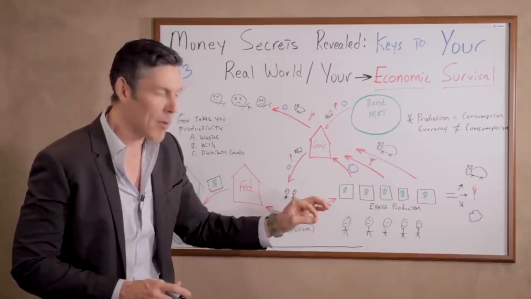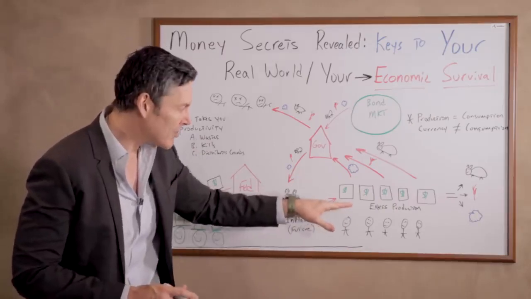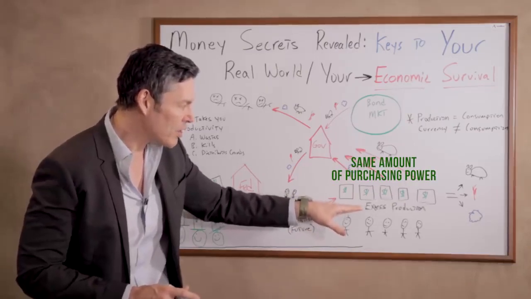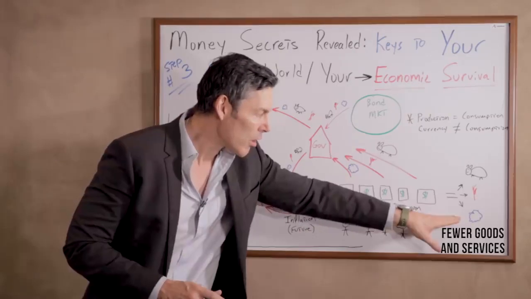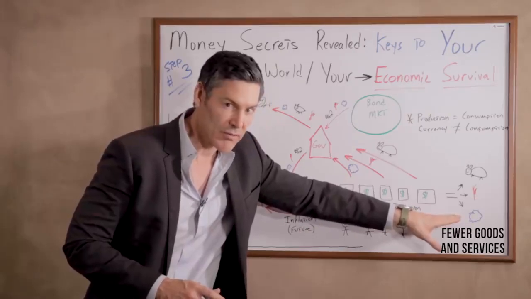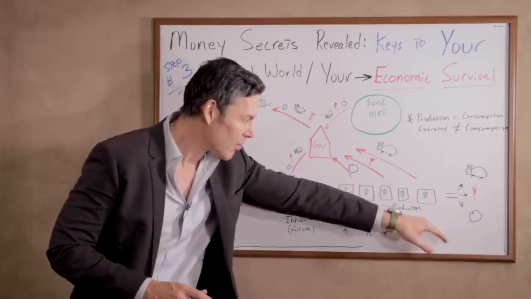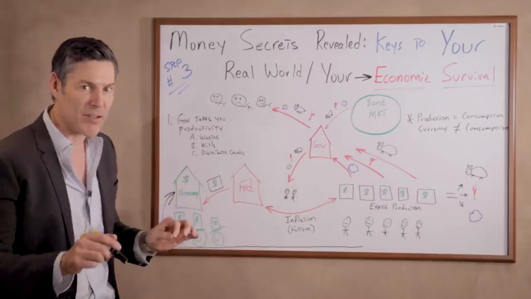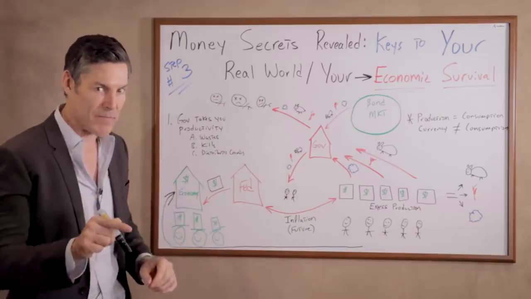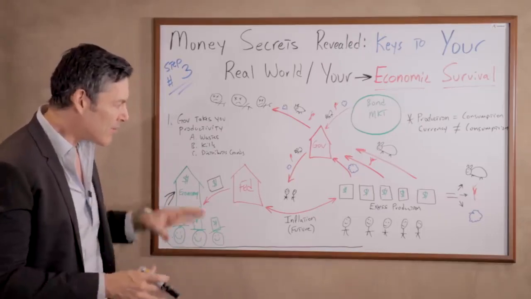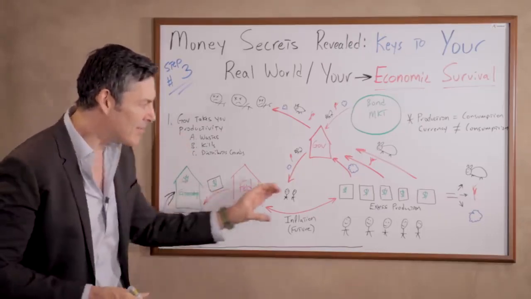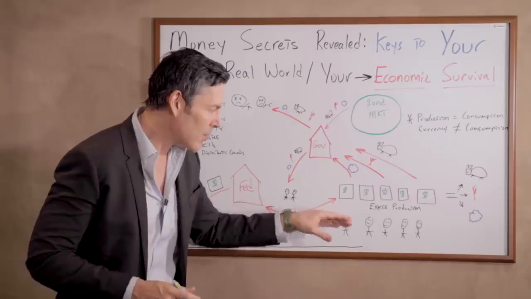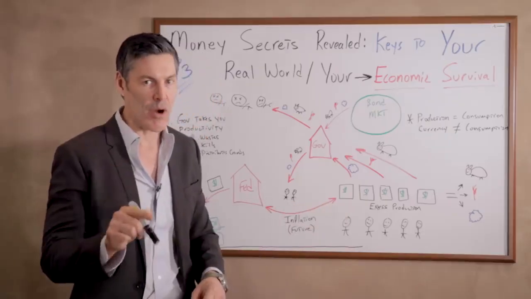You actually become poorer because you have the same amount of purchasing power with the excess production that you have, but you have fewer goods and services because those goods and services are now being consumed by this economy that doesn't produce anything. The bottom line is this financial economy enslaves the individuals in the real economy without them even knowing it.